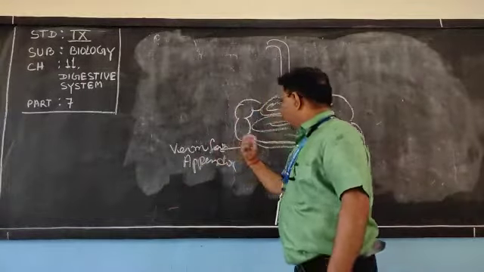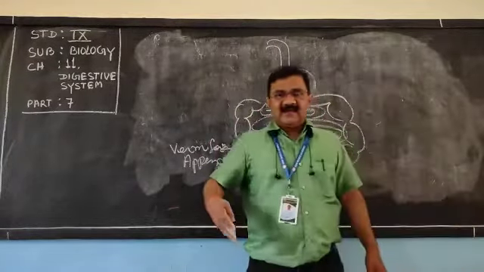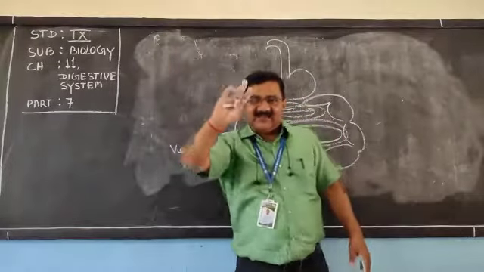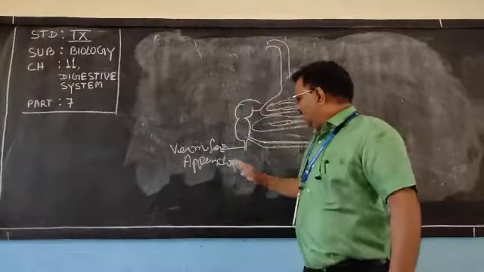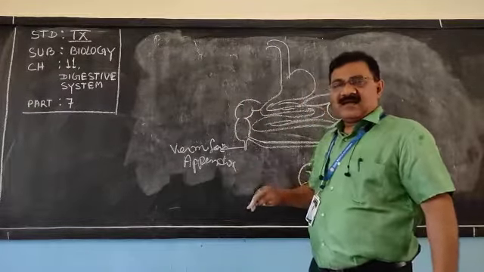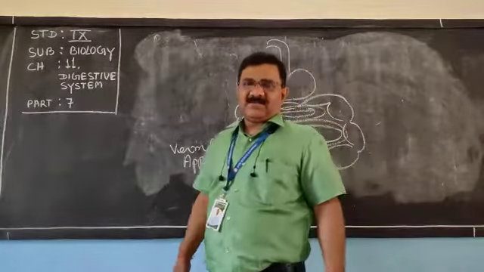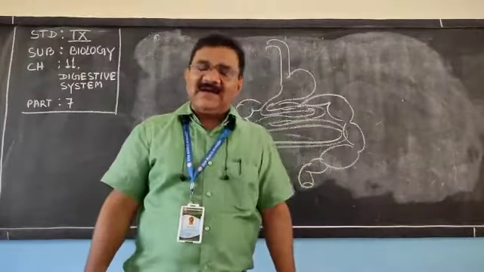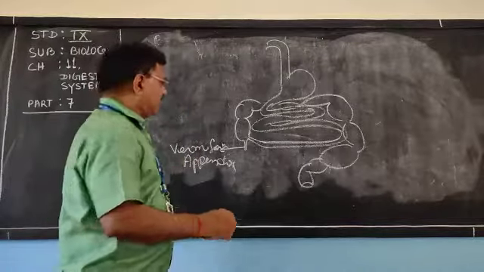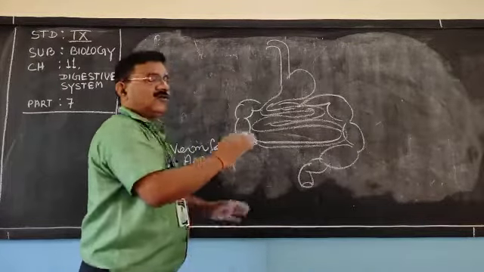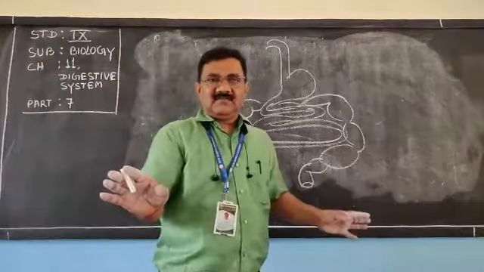The appendix is on the right side of the abdomen. Only surgery is the remedy. After surgery, the doctor removes it.